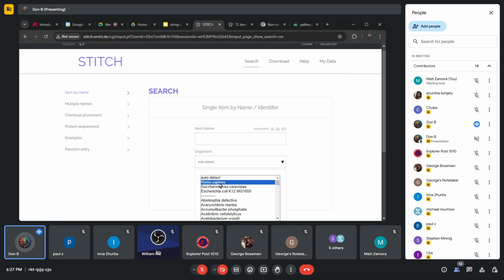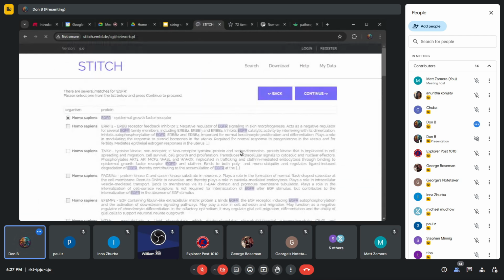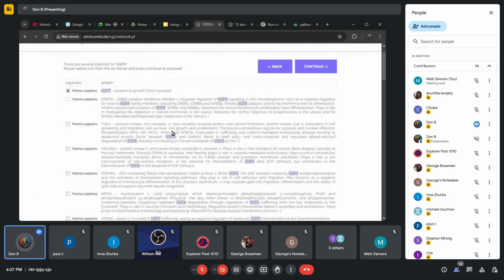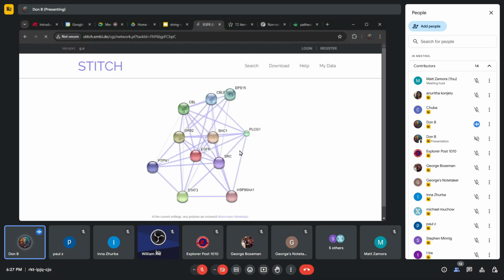So here, what I'm going to do is the same thing that I had embedded in the URL. It wants me to pick EGFR first. Okay. All right, so this takes me back to the same landing page where it's letting me pick the context for EGFR. And then it's going to create a graph.